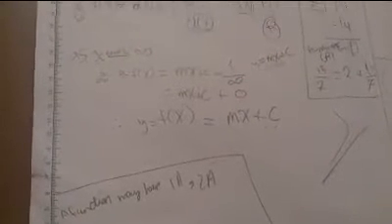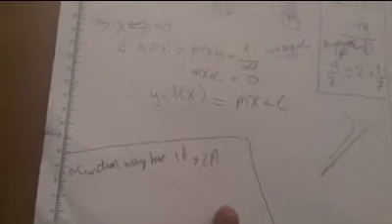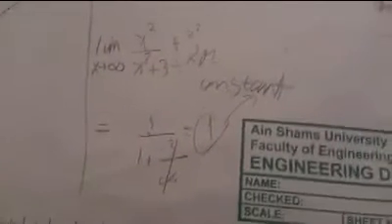One, it may have a vertical, slant, or horizontal. Or two, it may have vertical and horizontal asymptotes. But the function can't have three asymptotes. Sorry for the interruption. So let's continue.